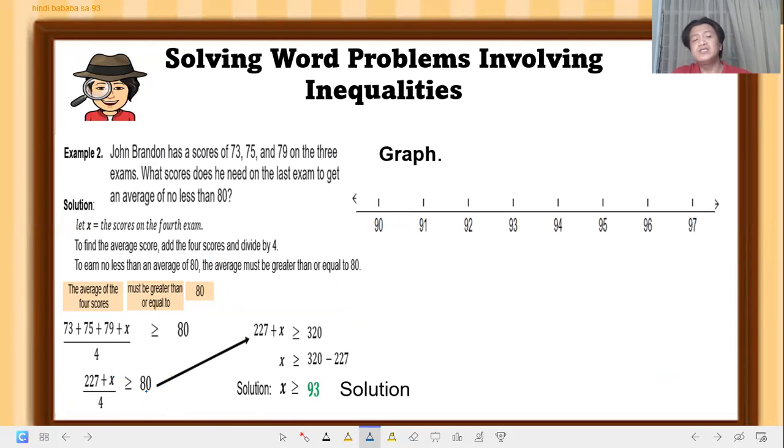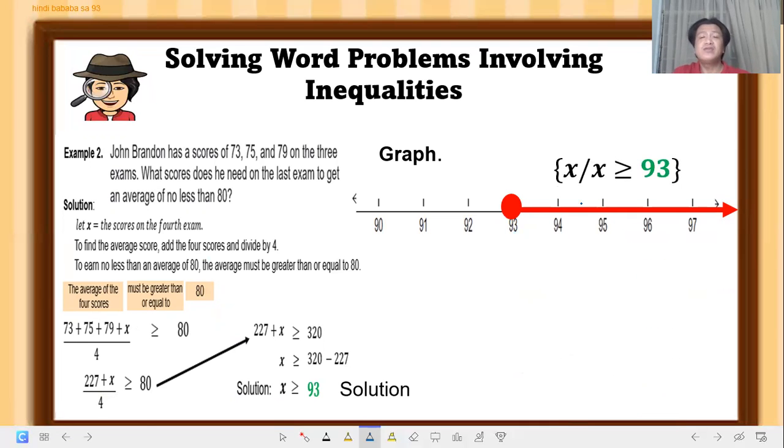Since this is two conditions, greater than or equal to, you are going to shade. Isi-shade natin yan. Ibig sabihin niyan, included po yung solution set natin, yung 93. Okay? Therefore, you're going to put an arrow going to right. Ibig sabihin, start ka ng 93, 94, infinite na po yan.